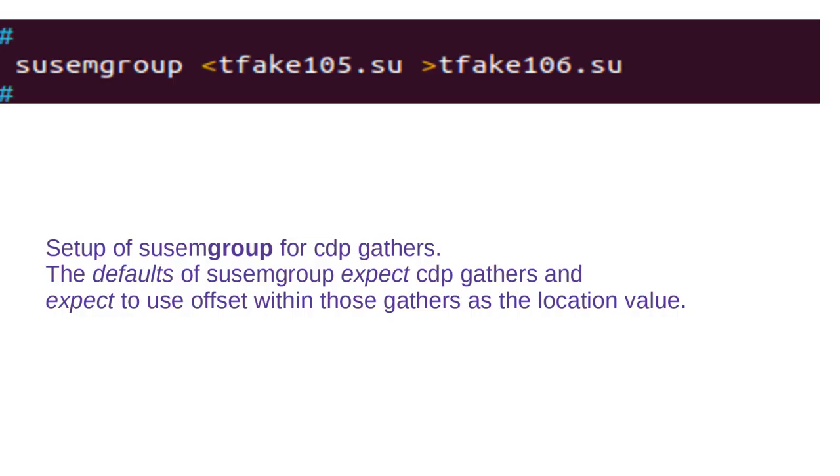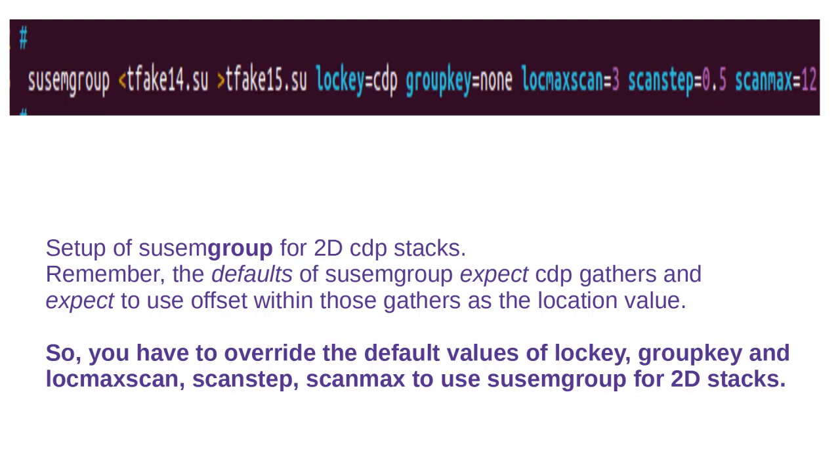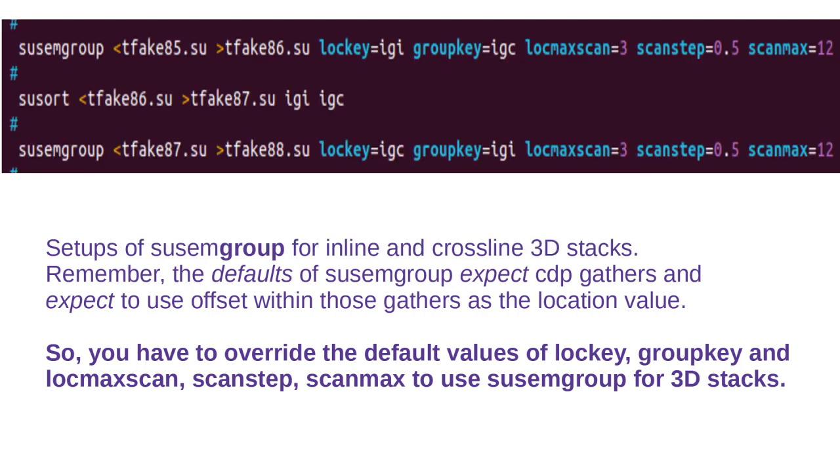Setup of SUSEM group for CDP gathers using offsets as locations within gathers. Setup of SUSEM group for a 2D CDP stack. Setup of SUSEM group for inline and then crossline for a 3D CDP stack.